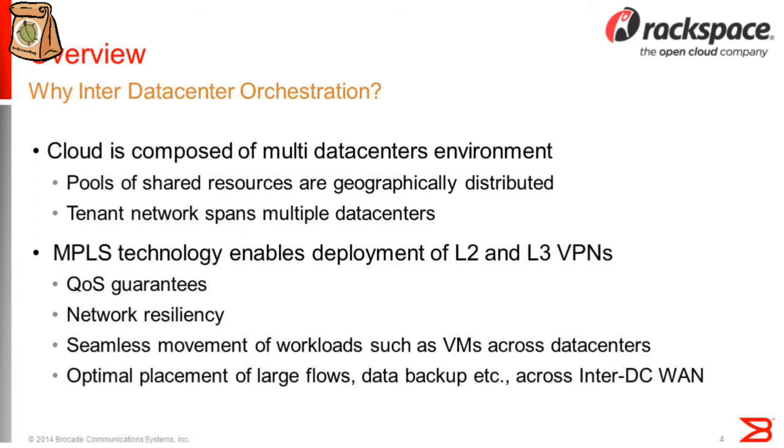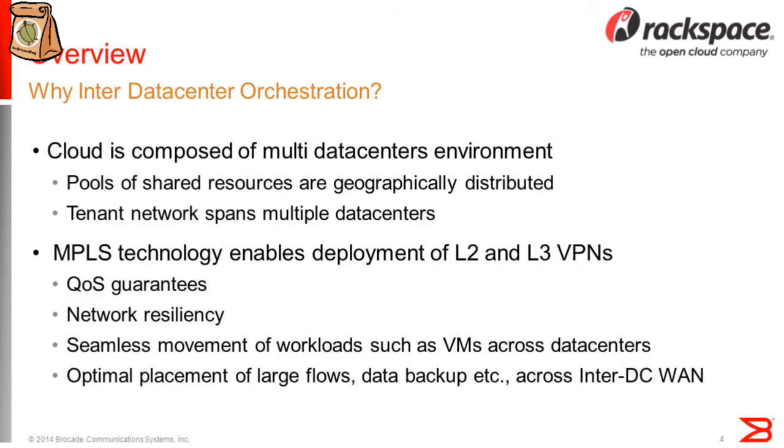So that's the motivation. Another thing is that today we have the technology provided to us through MPLS layer 2 VPNs and layer 3 VPNs that we can utilize in order to really bind and bring all of these things together, and we're going to utilize that in order to achieve our inter-data center connectivity. So what does MPLS provide us in order to achieve that?